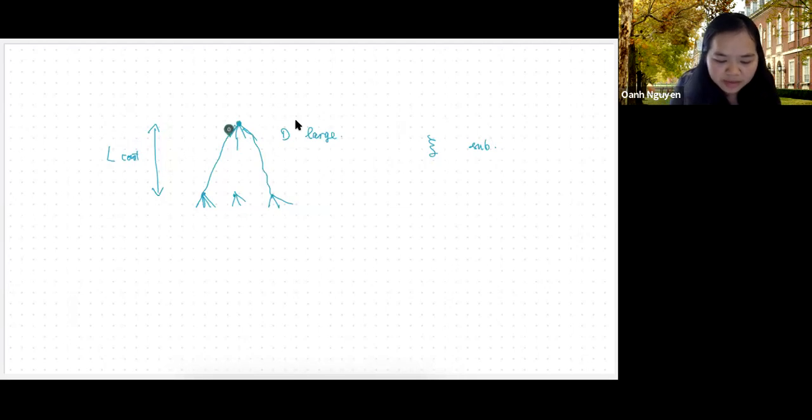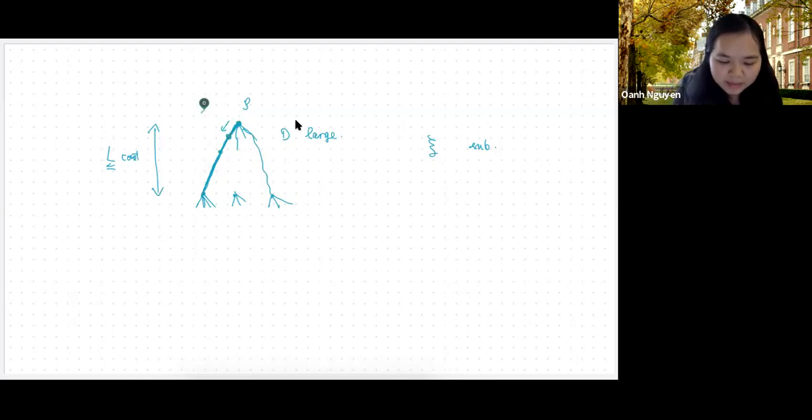Say here is rho, and here is a vertex at distance L away from rho. What is the chance that rho sends this infection to this vertex before being healed?